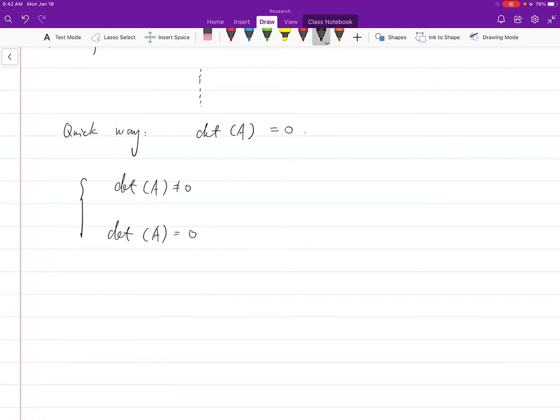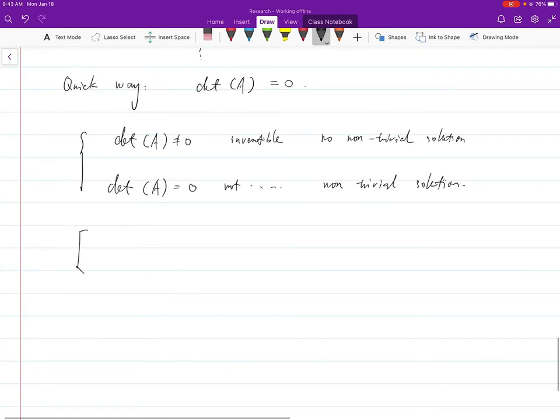If A is invertible, there is no non-trivial solution. If A is not invertible, we do have a non-trivial solution. So all we need to do is just check the determinant. Where the determinant is defined by, try to recall.